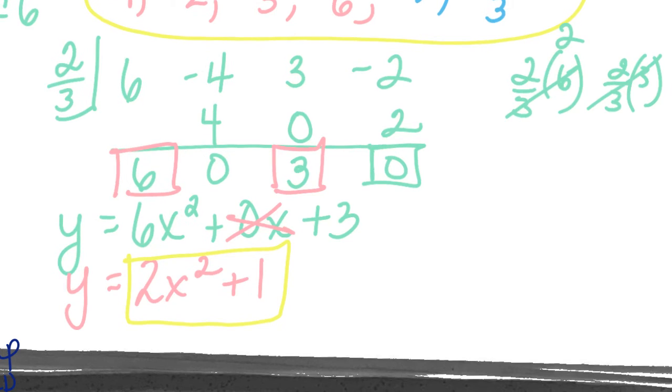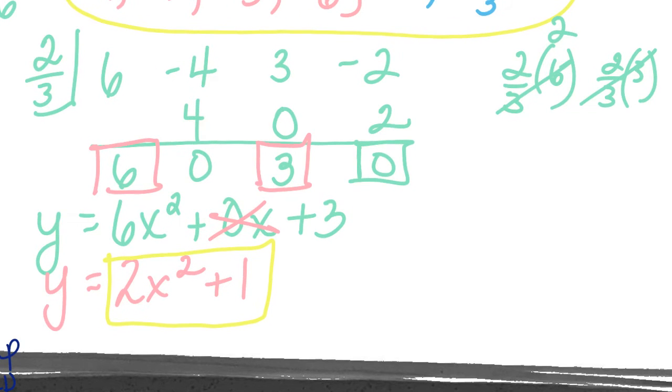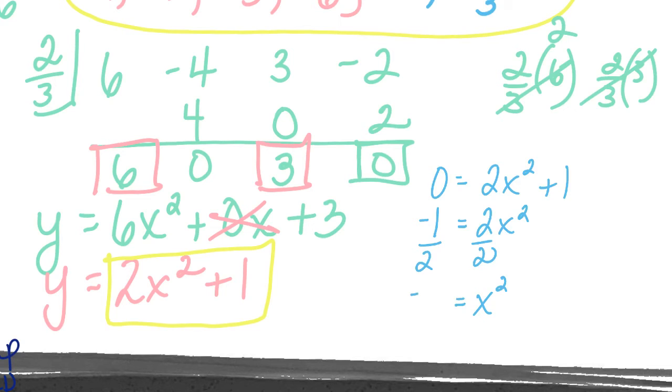Now remember, 2/3 was one of my solutions. If I make this equivalent to 0, I subtract the 1 over, I divide by 2, and when I take the square root of each side, I have the square root of −1 over the square root of 2.